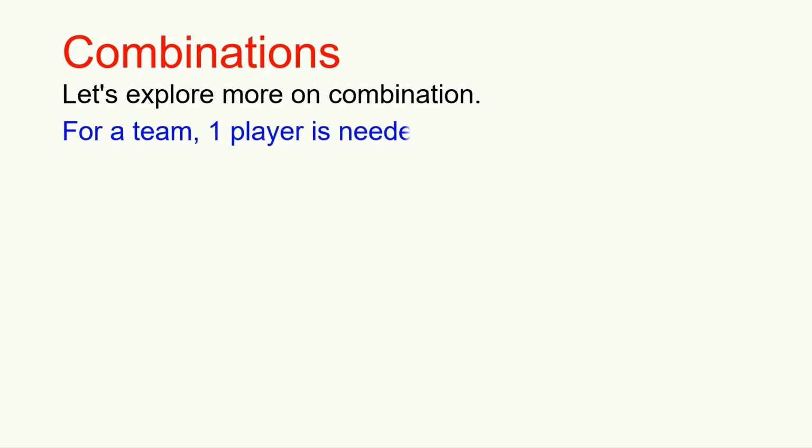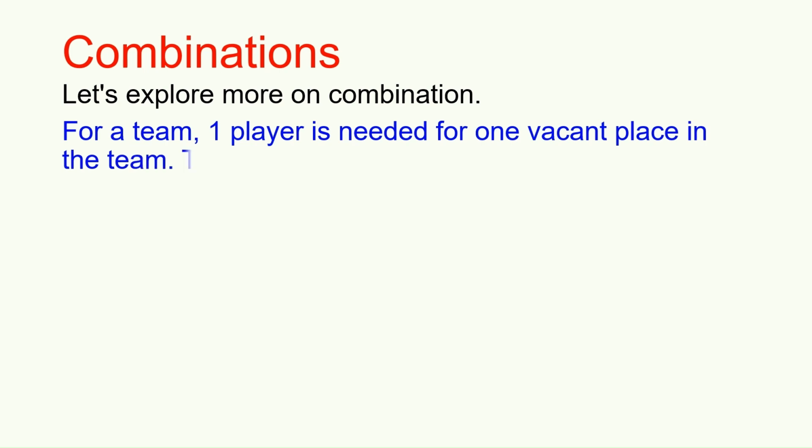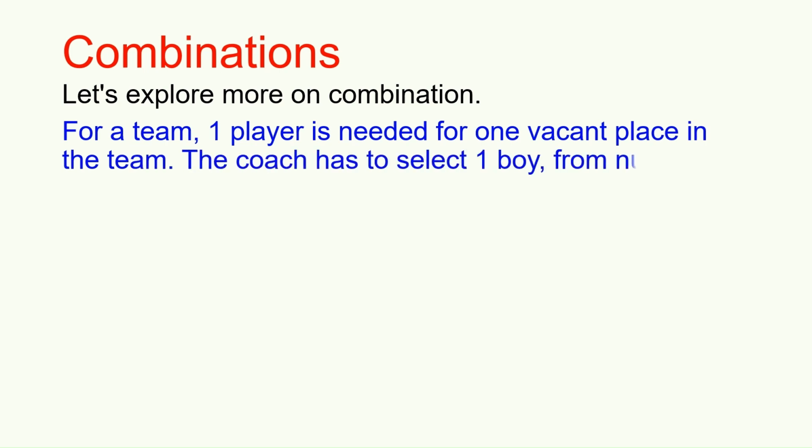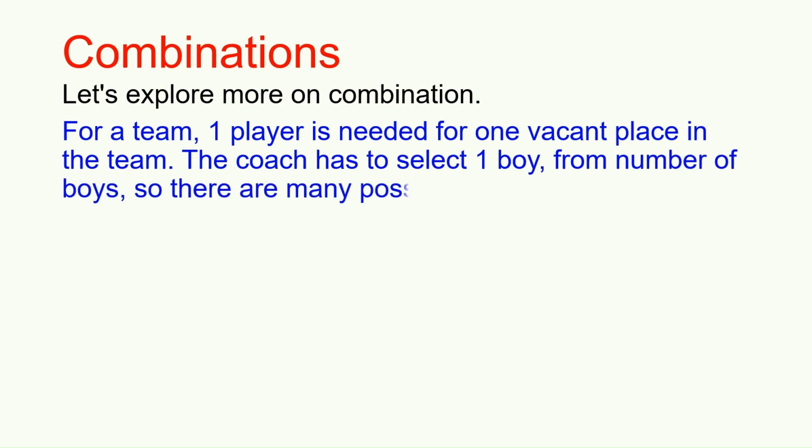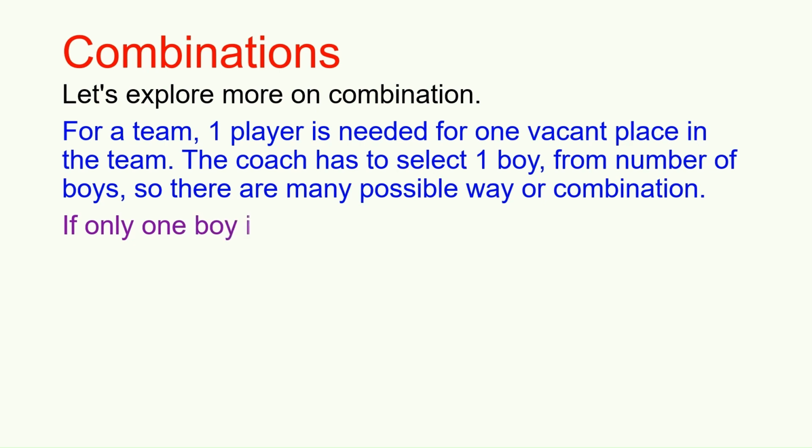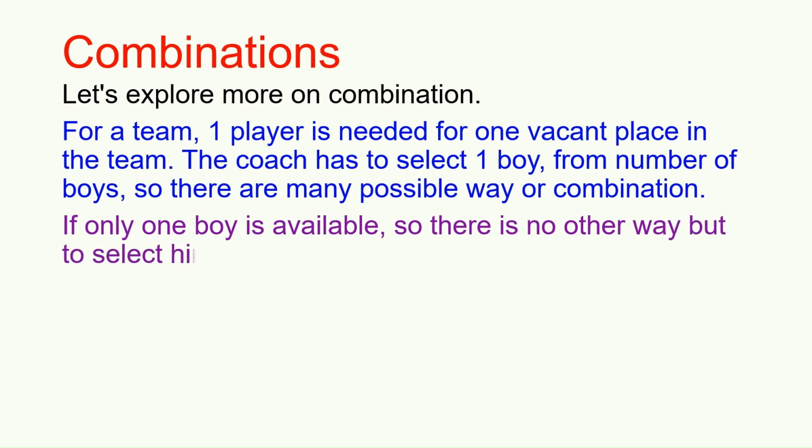Let's explore more on combination. For a team, 1 player is needed for 1 vacant place. In the team, the coach has to select 1 boy from a number of boys. So there are many possible ways or combinations. If only 1 boy is available, there is no other way but to select him, or mathematically 1 selection possible.